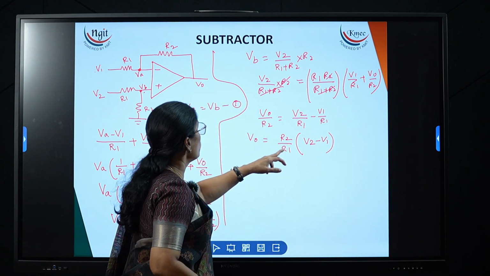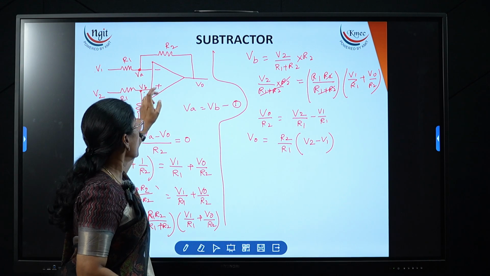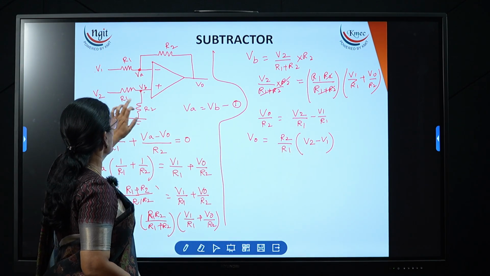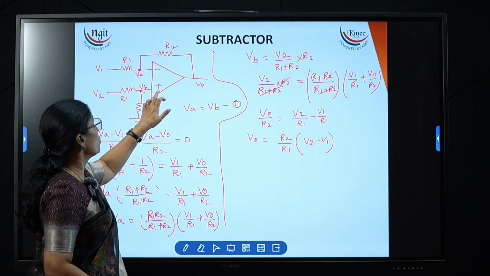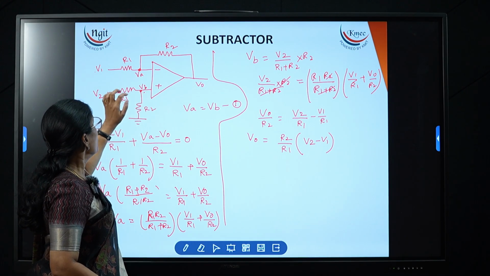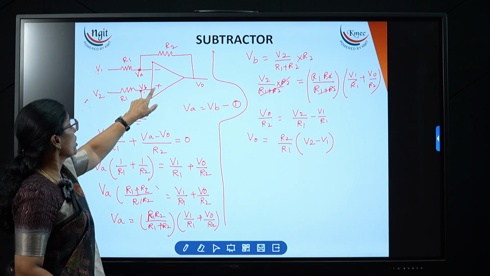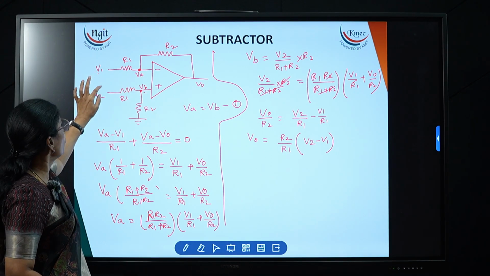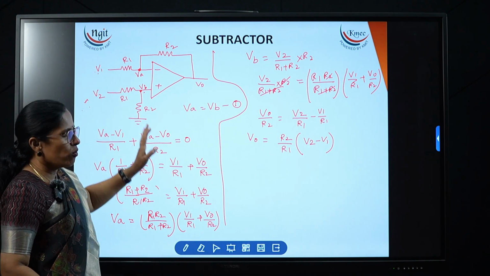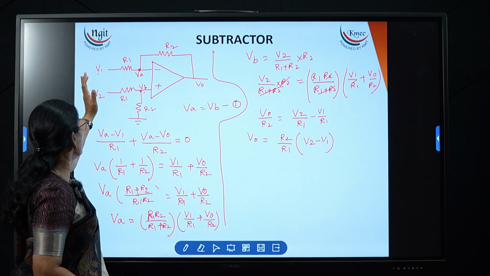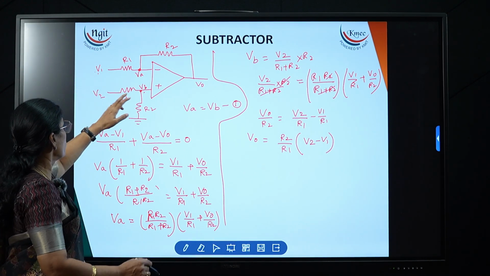Now this R2 by R1 is the gain, and the output is V2 minus V1, which means the difference between the voltage applied to the positive terminal and the voltage applied to the negative terminal. However you want to take the notation, there is no need to always take V2 to the positive terminal.